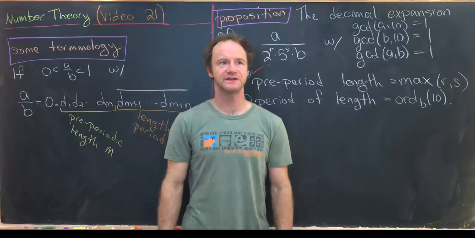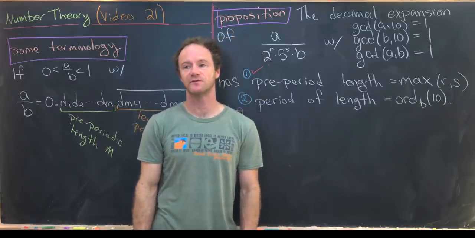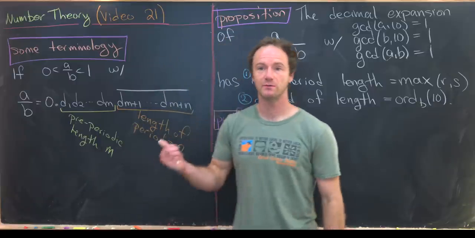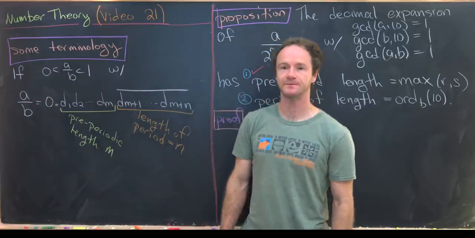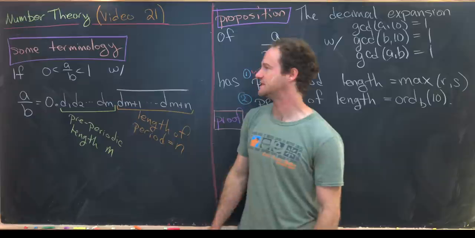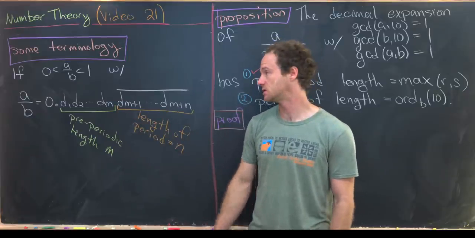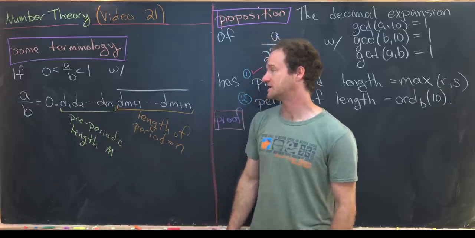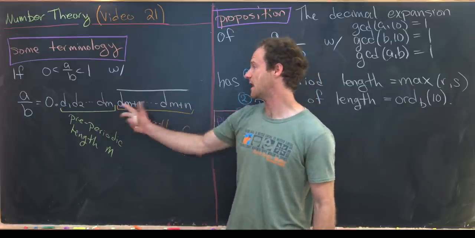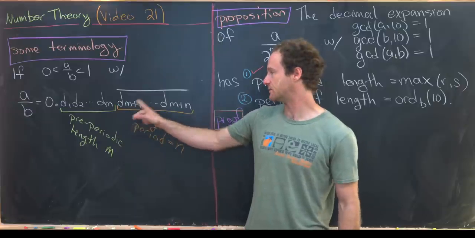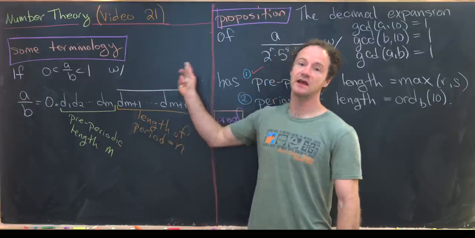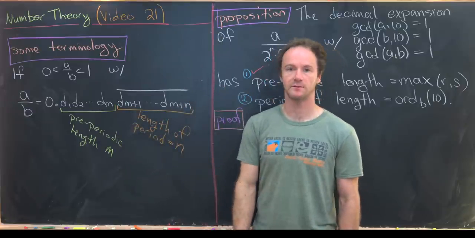Okay, now we're ready to put together the results that we've seen so far into a nice package. But first, a little bit of terminology. If we've got a rational number between 0 and 1 with the following decimal expansion, 0.d1 d2 up to dm, and then it starts repeating dm+1 to dm+n, and that repeats on and on and on.